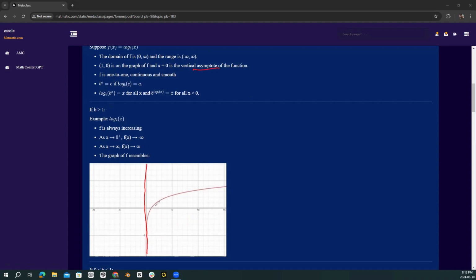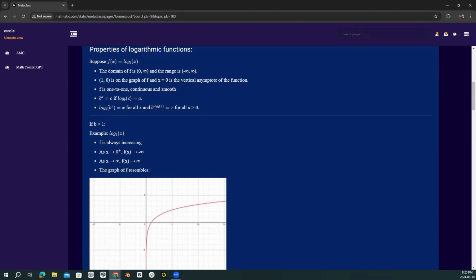This curve is never going to touch x equal to 0. It's going to keep getting closer and closer to x equals 0 forever, but it's actually never going to touch it, even though it looks like it's touching it here.